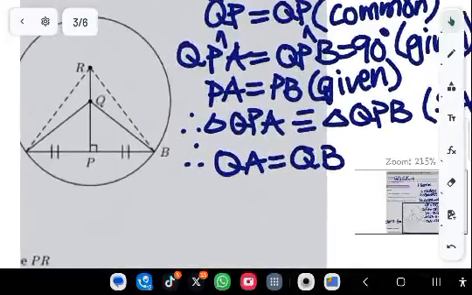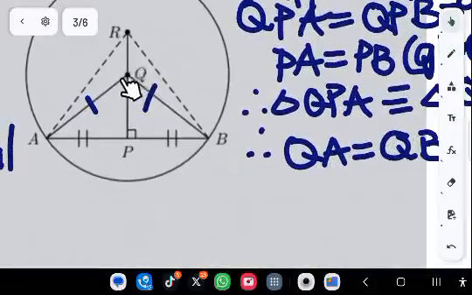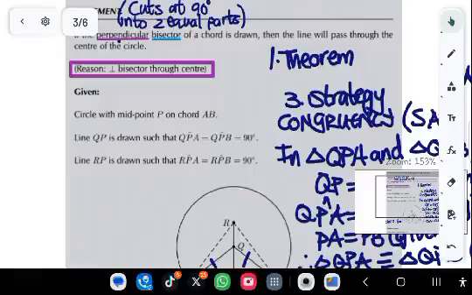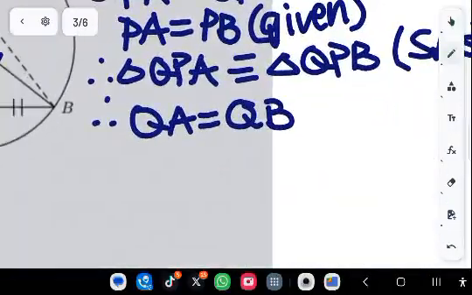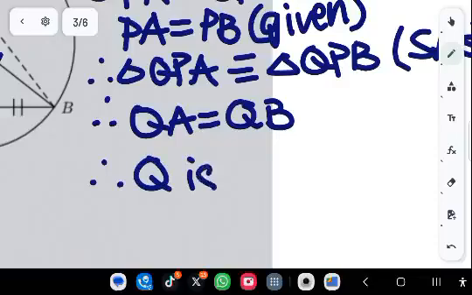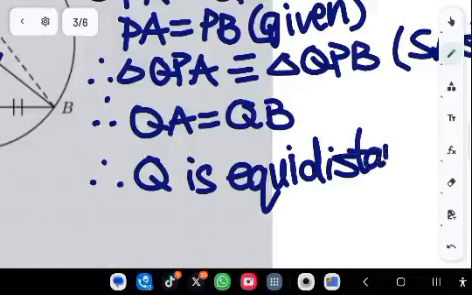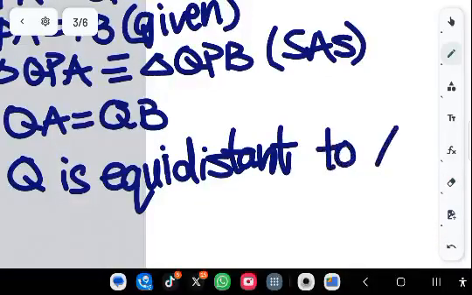Meaning, therefore, that if QA equals QB, Q is equidistant to both A and B.